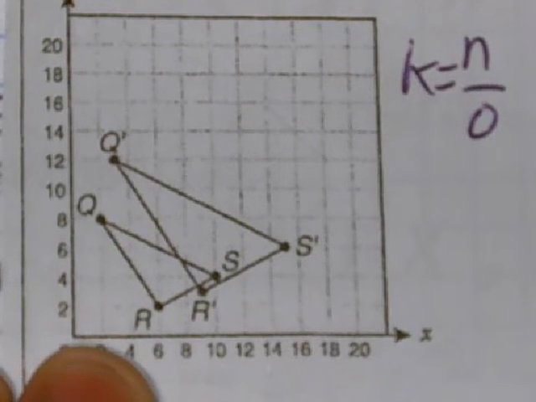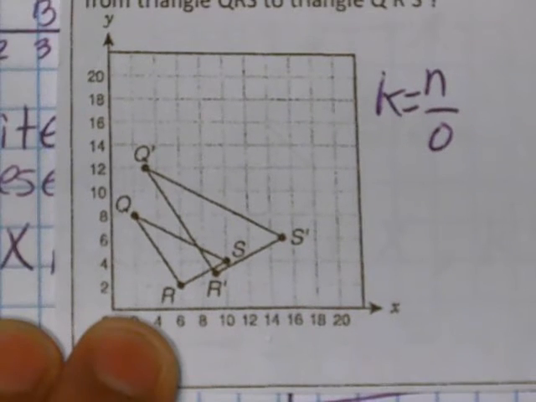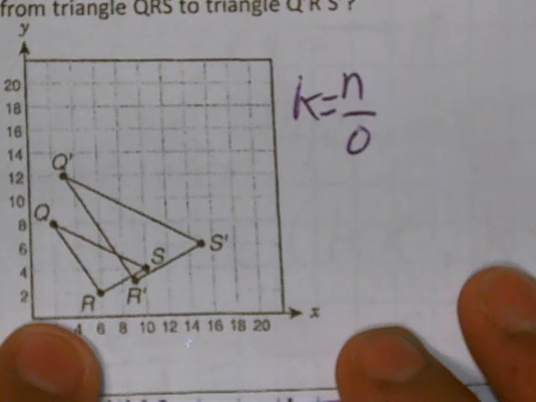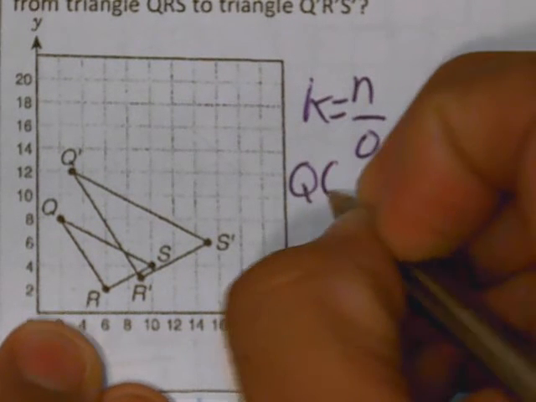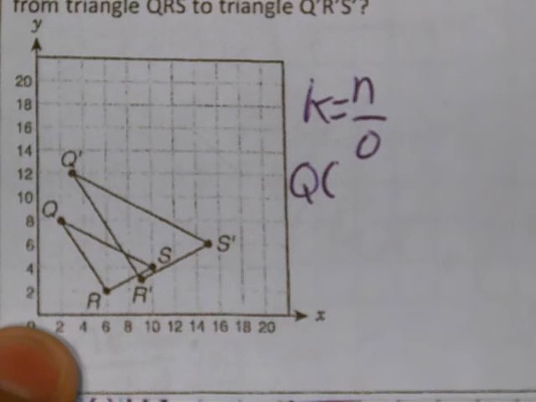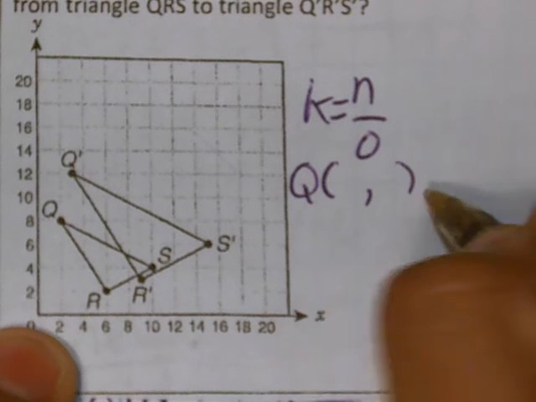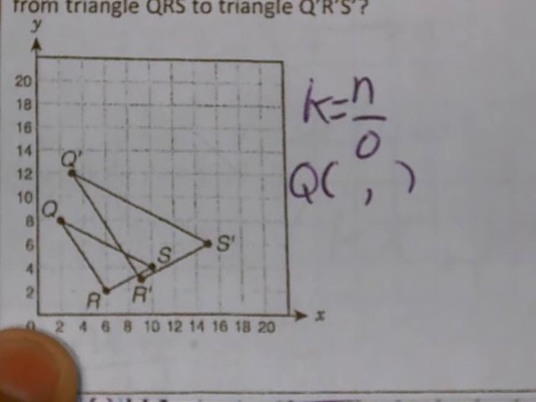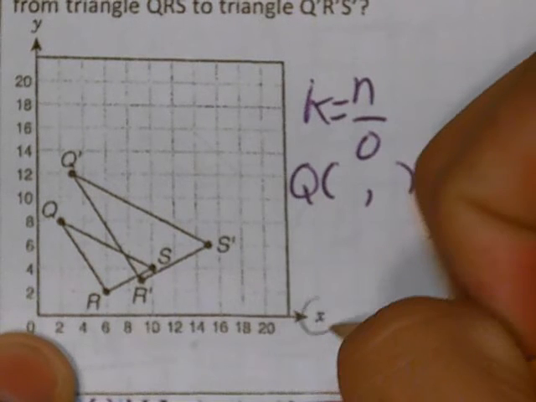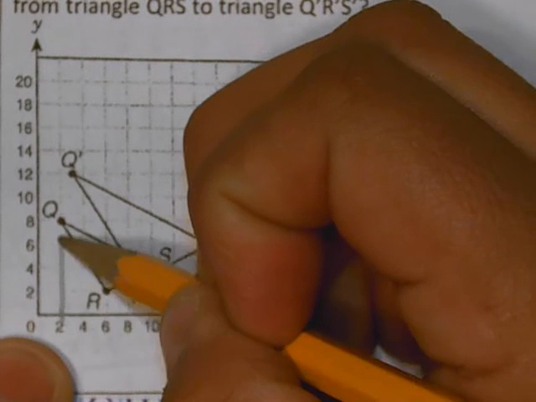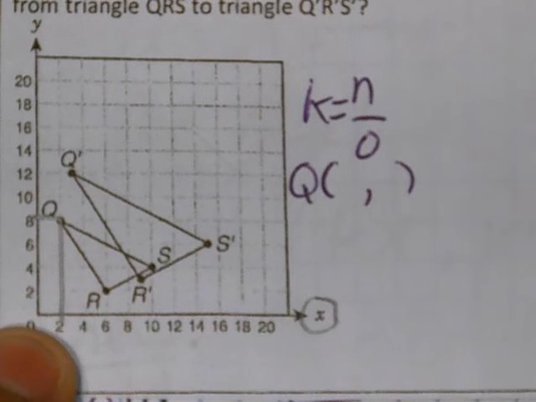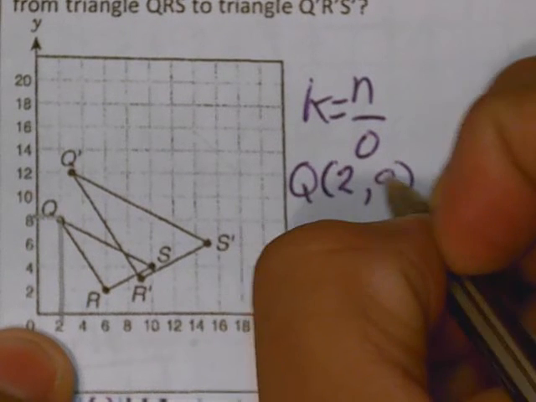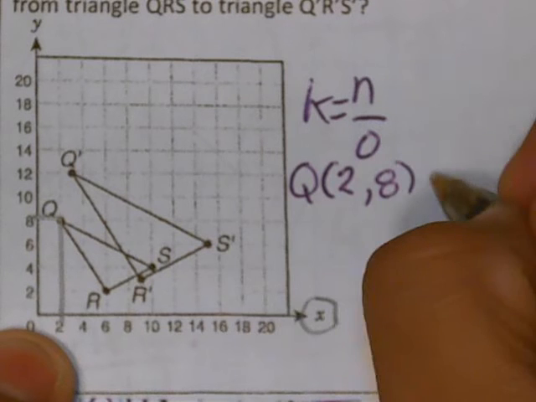In a case like this, if you are not able to count, you have to look at each of these coordinates, any of them. So I'm going to look at Q first. Now look at this and show me what are the coordinates of Q. Q has an X and it also has a Y. So let's take a look at Q, and we see that the X is 2 and the Y is 8.